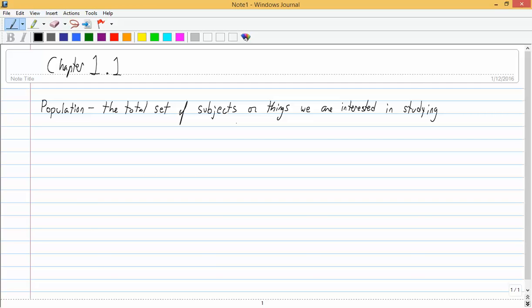All right. The next term that your book lists is called a frame. And a frame, which you may not hear me make reference to again, is a list containing all members of the population. I'm not saying it's not important, it's just one of those definitions that is not as important as the others, but a list of all members of the population.